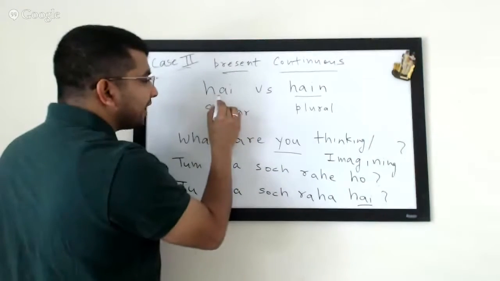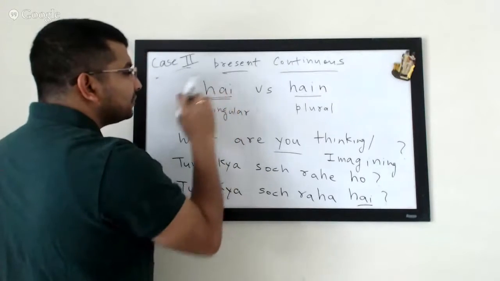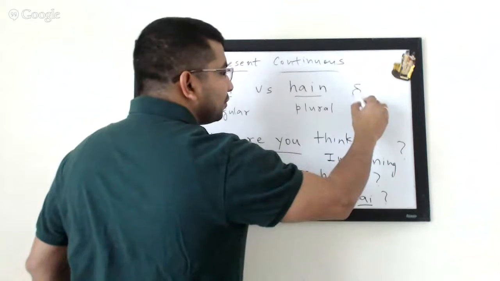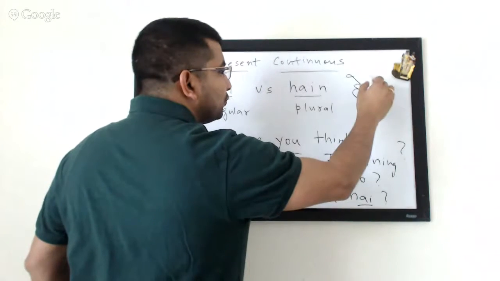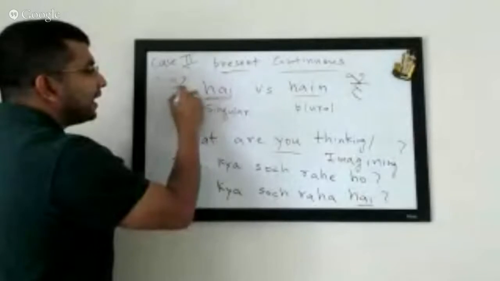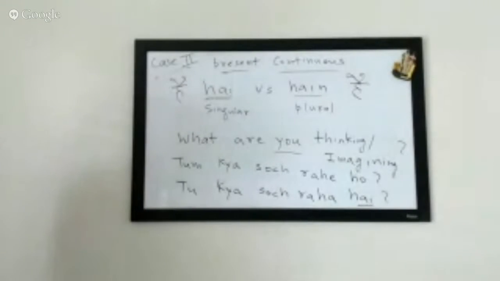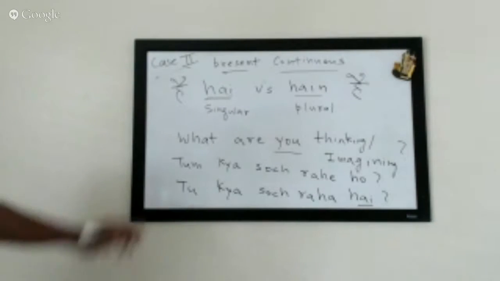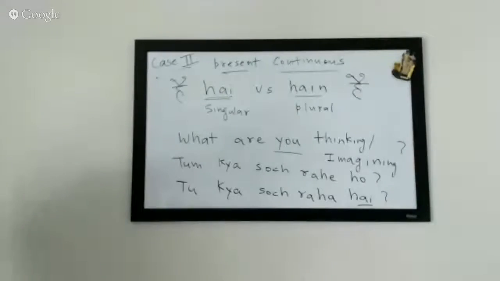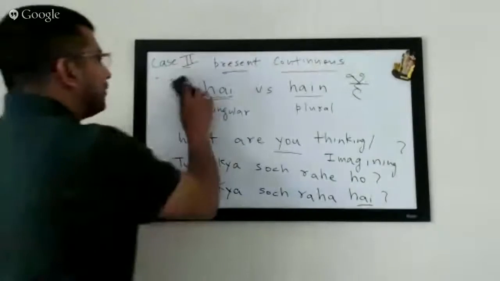In the past, I didn't make it very clear because we were doing very basic sessions in the very earlier classes. But whenever you have plural, you will use a nasalized sound, right? When you're simply saying it for a singular one, you will have hai. Okay, so let me write down these two in the Devanagari script, and then I'll take any questions you may have on case 2.